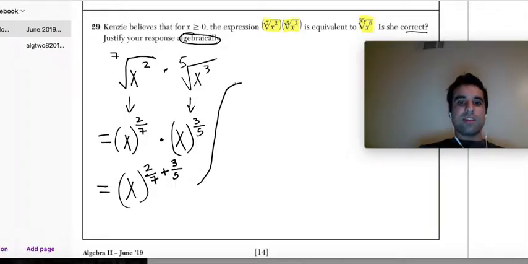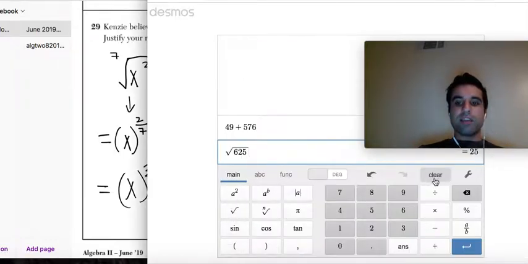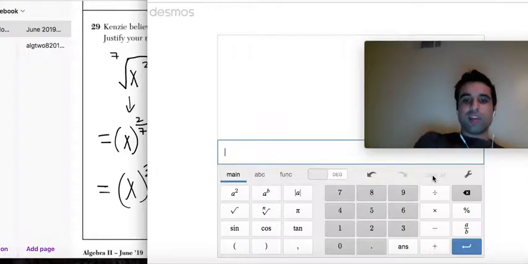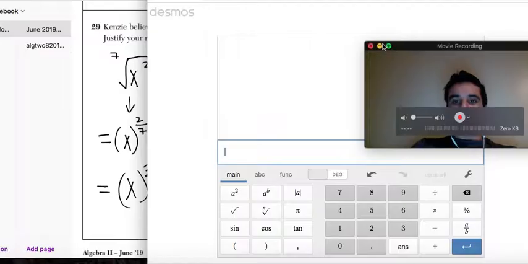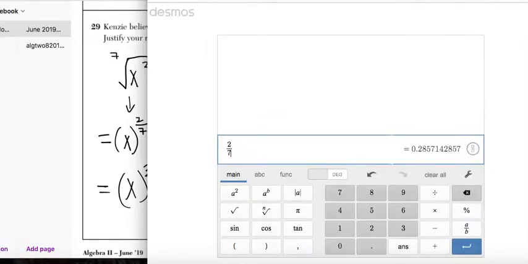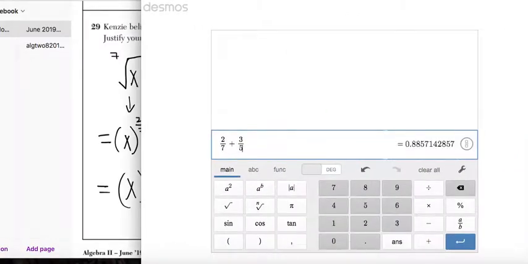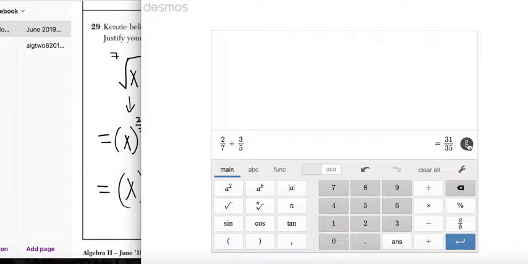When you add the exponents, I'm just going to use the calculator because we have the tool handy. 2 over 7 plus 3 over 5 gives a decimal, but no problem. If you know how to change it back to a fraction in your calculator, you're at an advantage. It's x to the 31 over 35.